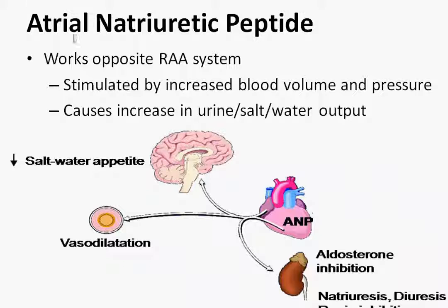This is atrial, so it's talking about the part of the heart that is going to be changing size and shape because of the blood coming through. The result is going to be an increase in urine output.